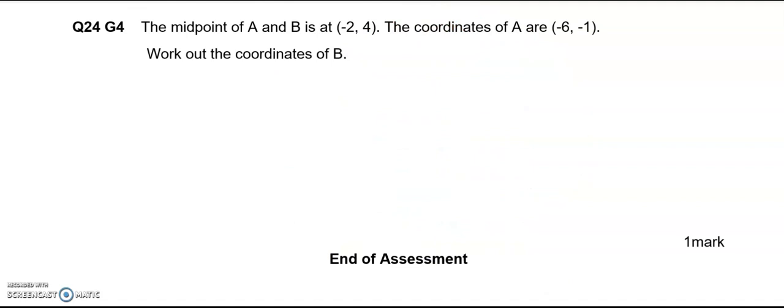The midpoint for A and B is at -2, 4. The coordinates of A are -6, -1.